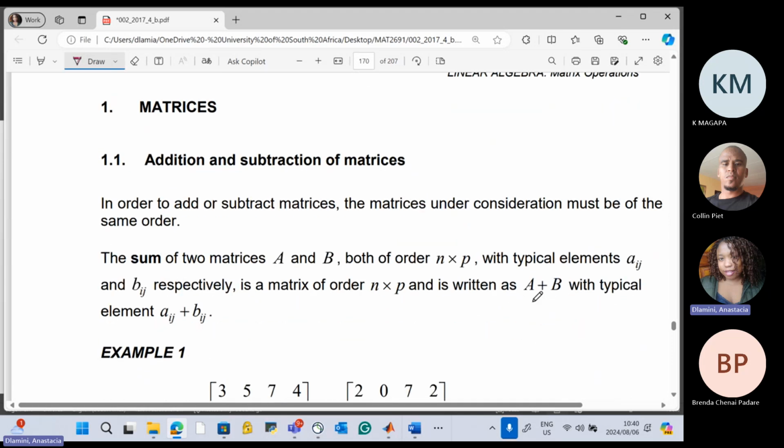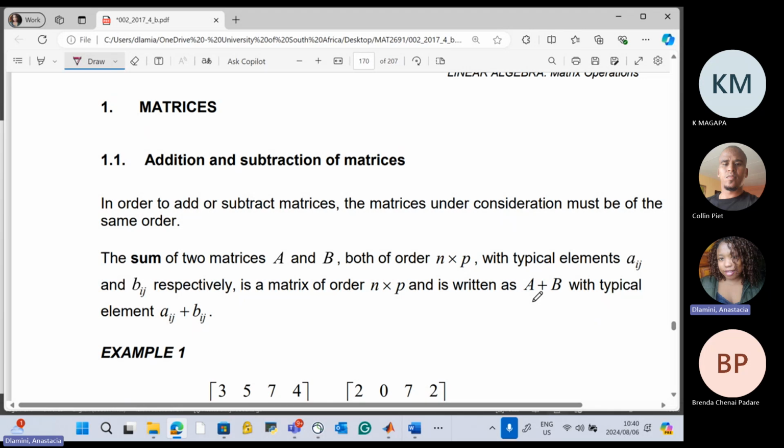Adding and subtracting of matrices: in order to add or subtract matrices, the matrices under consideration must be of the same order, meaning that if A is a 3 by 3 matrix, B has to be a 3 by 3 matrix. If A is a 2 by 1 matrix, B has to be a 2 by 1 matrix as well, so that you can be able to do matrix addition and subtraction.